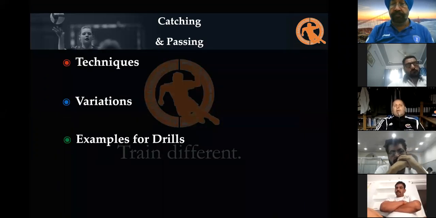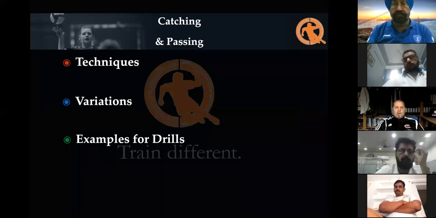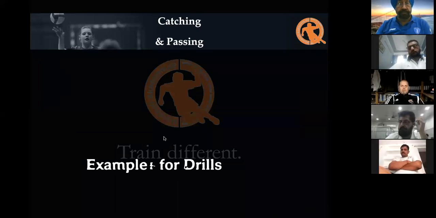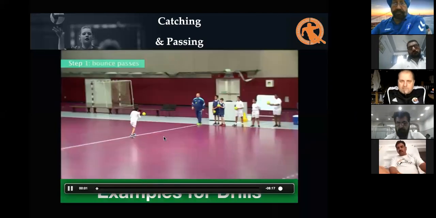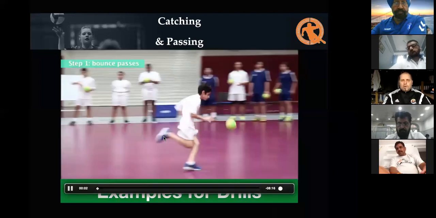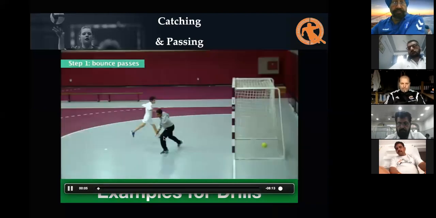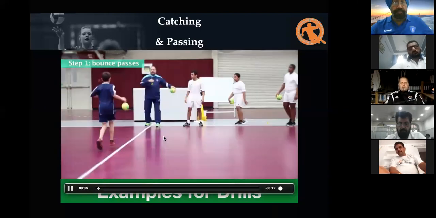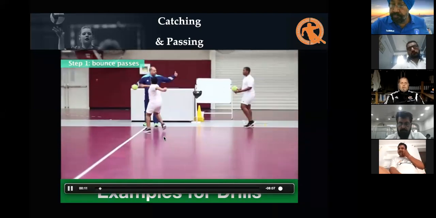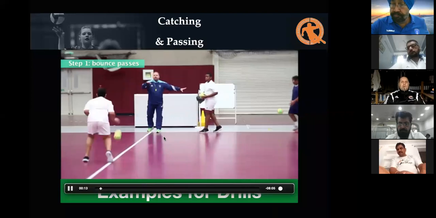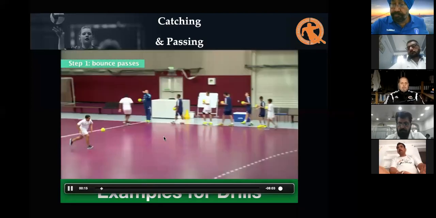Okay, now these were the basic types of variations, and now we're coming to a longer chapter with examples for drills. The first one is about catching the ball in a safe way. And this is a thing which can be organized very easily for the players running backwards along the center line.